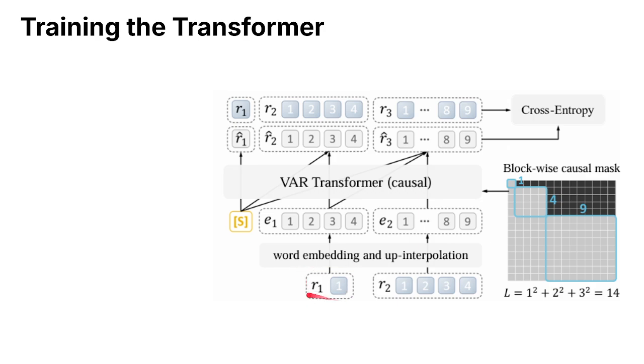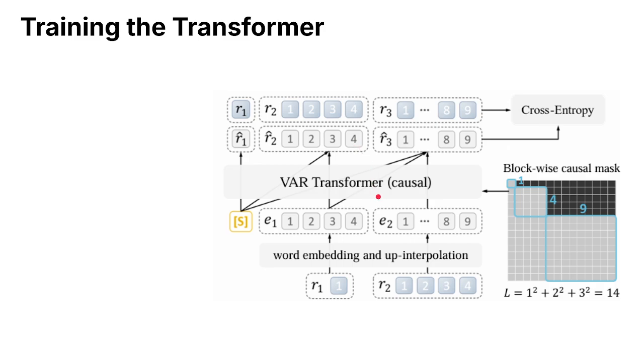And then R1, R2, and the start token. These three are used to create, my bad, a start token, R1 and R2 is used to create R3. And all of these are basically predictions, and all of these are ground truths. So basically, if we have just simple cross entropy loss, then we can train it.